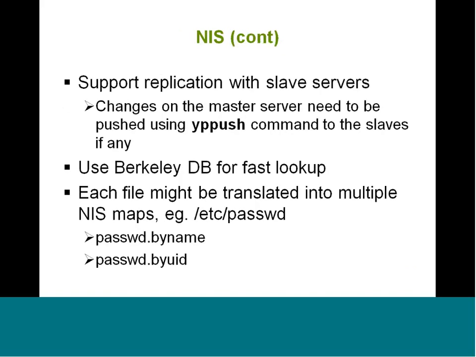NIS supports replication with slave servers. We saw that that's what it does. The changes in the master server need to be pushed to the slaves, if any, using the yppush command. And it uses the Berkeley database for fast lookup. We saw that the very first thing is that it's a database-based system for authenticating password and group files.